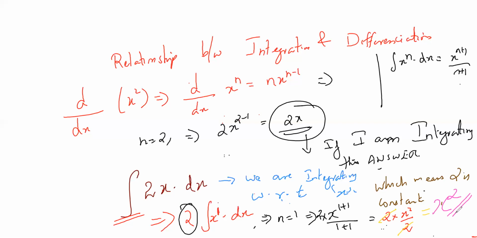So this x square is the same as the original one. You're getting the same thing from differentiation and integration.